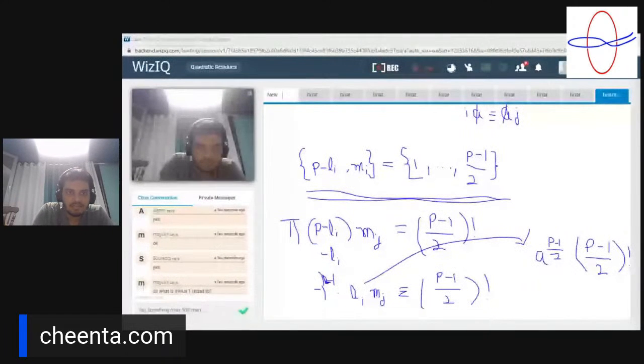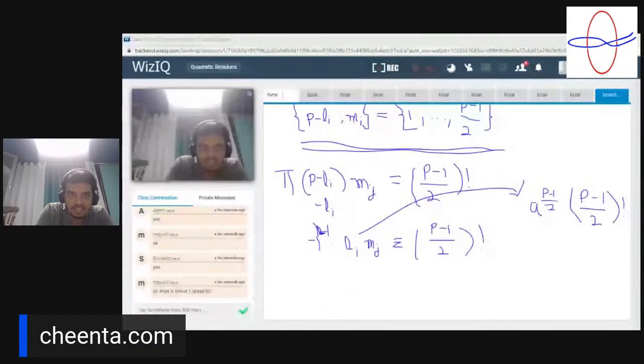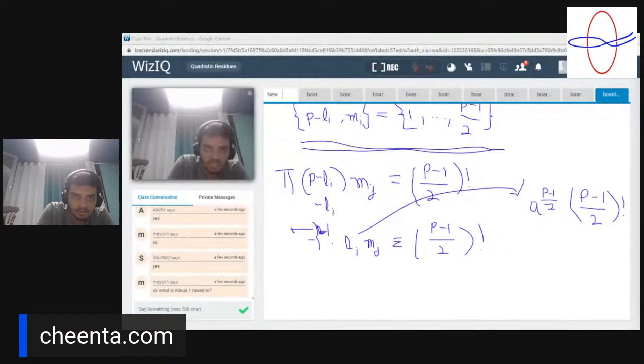So in fact, going forward, let's just term the cardinality of set L as equal to small n.